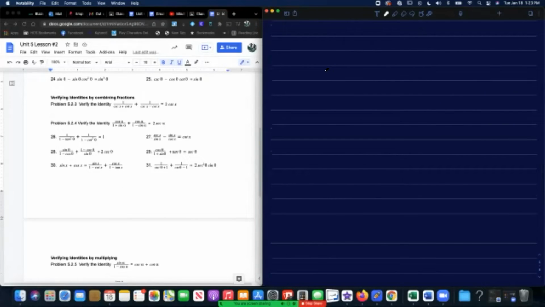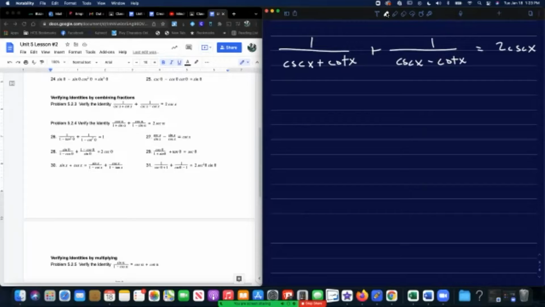So for problem 523, we've got 1 over cosecant x plus cotangent x plus 1 over cosecant x minus cotangent x, right? And this is all equal to 2 cosecant of x, supposedly. We're about to find out.